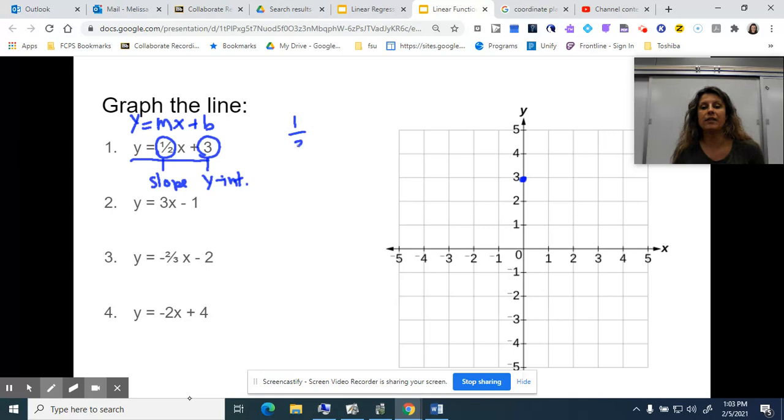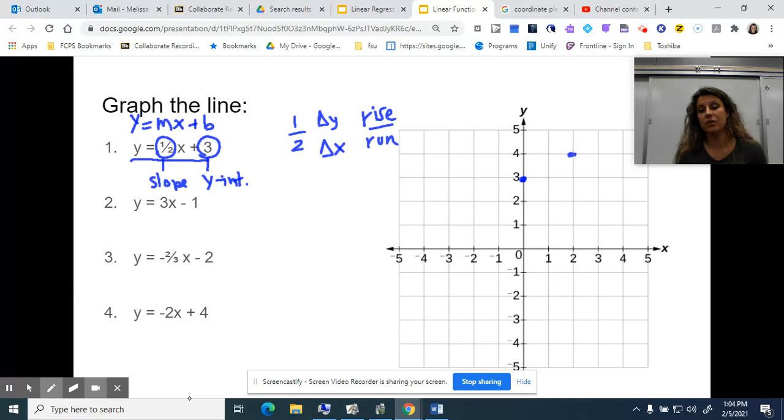Again, if I think about that slope as being change in y over change in x, or rise over run, those are probably the 2 most common ways to think about it. My rise is 1, so I'm going to go up 1, and my run is 2, so I'm going to go right 2. So this is positive, positive, so up 1, right 2.